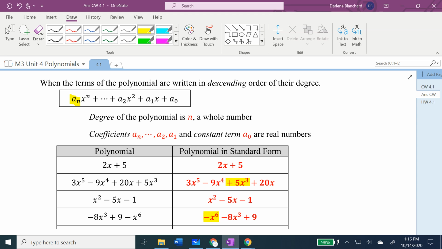In a generic polynomial function, we say that it's degree n, and we have the coefficients as some letter. It's typically A, B, or C with subnumbers written down. So these subnumbers aren't exponents at all. All they are saying is, I'm distinguishing myself from the other coefficients of this polynomial.